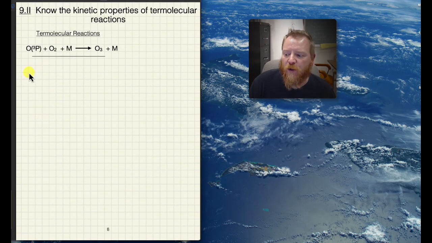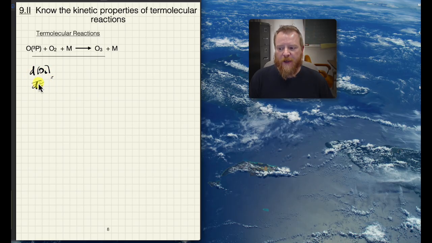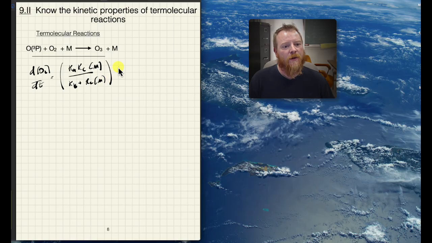So continuing along with that, we get dO3/dt equals, distributing that through and doing the algebra yields the following: Ka times Kc times M, all divided by Kb plus Kc times M, all times O, all times O2.